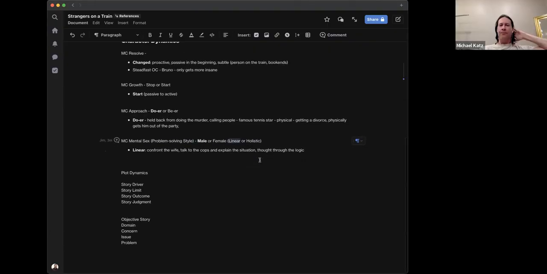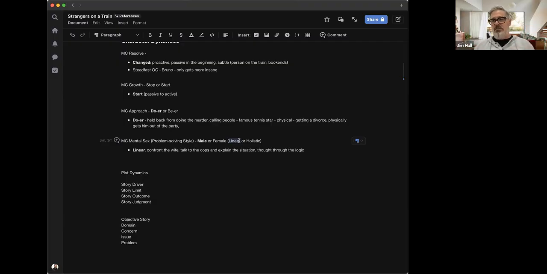Yes. Yeah, pre-conscious, right? Like in mind, you have memory, pre-conscious, subconscious, and conscious. Mm-hmm. So like the male mental sex is in the pre-conscious, so it's before there's ever any kind of thought. So it doesn't need the holistic for it to make sense, if that makes sense. Like it already filters and changes the world the way that the main character's, the audience is looking at the world.